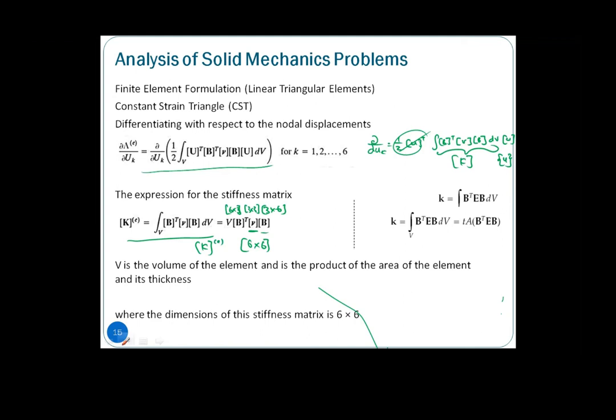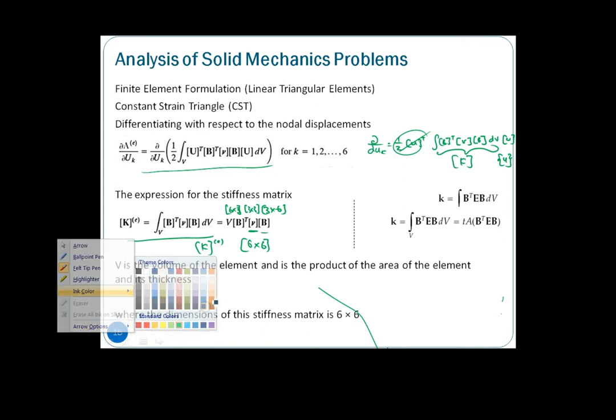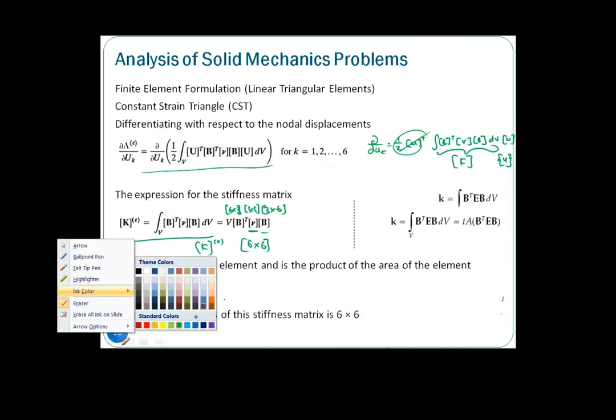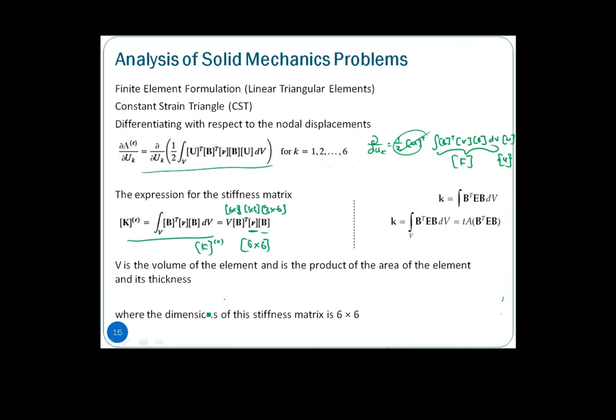So basically this is correct. Under these linear triangular elements, we have 3 nodes, and under 2 directions in terms of x and y, we have a total of 6 in this case.